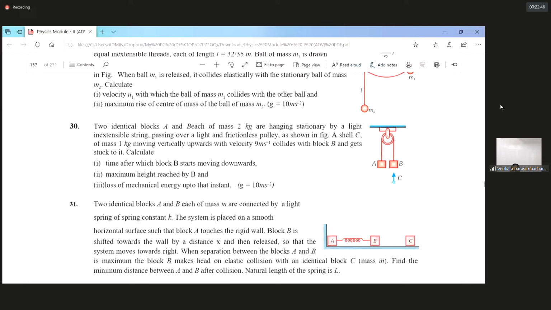So, sir, in subpart 3, loss of mechanical energy up to that instant, do we have to find it for the entire system or only for block B? Entire system. Okay, sir.